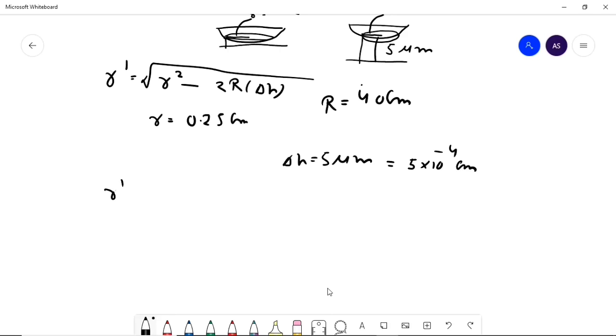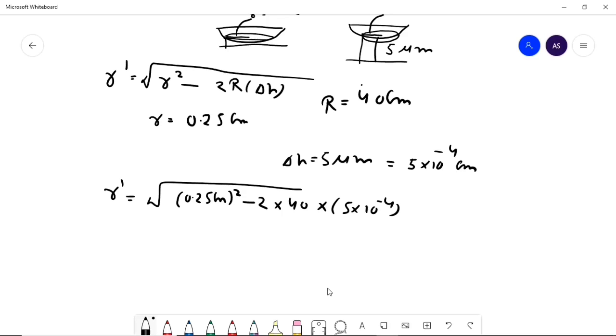Now the value of r dash is equal to the square root of 0.25 centimeter square minus 2 into 40 into 5 into 10 to the power minus 4, and the final answer for the radius is 0.15 centimeter.